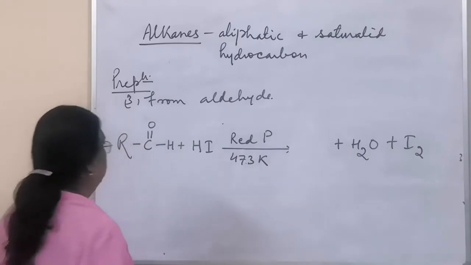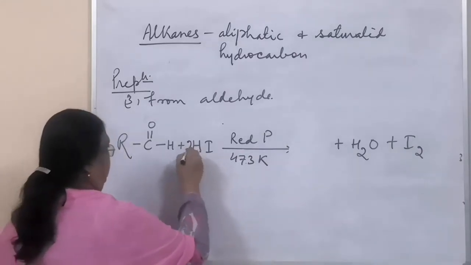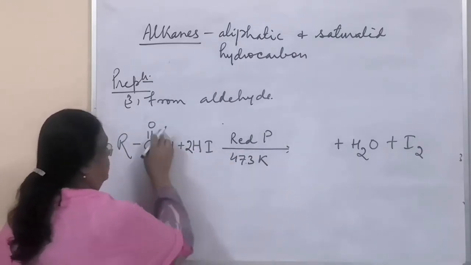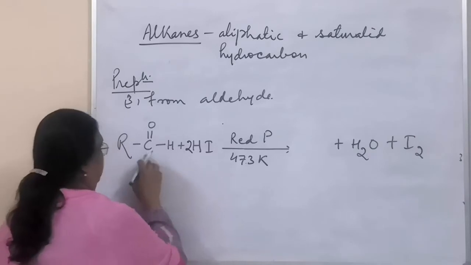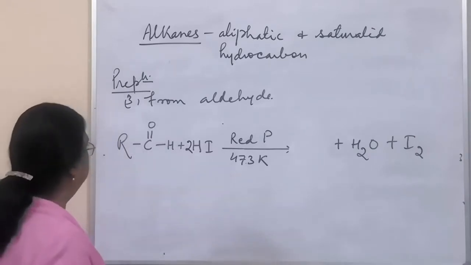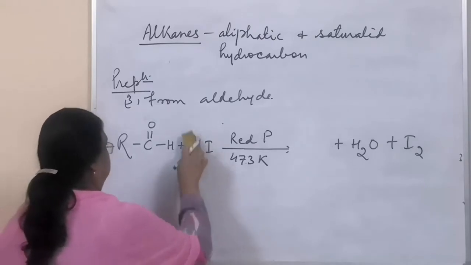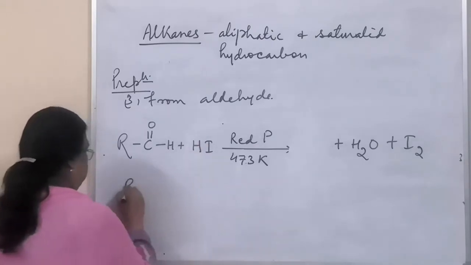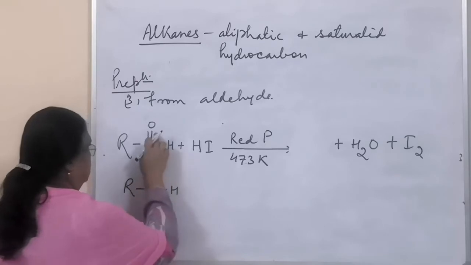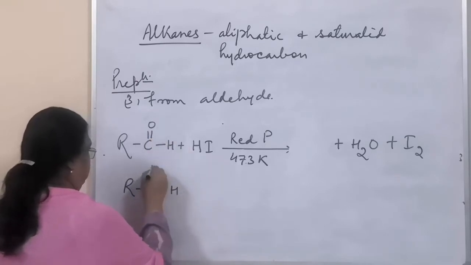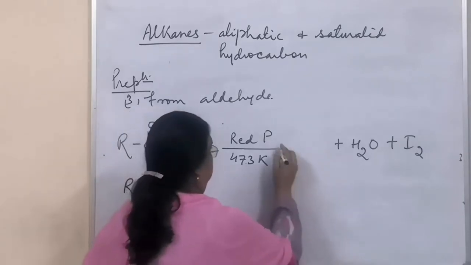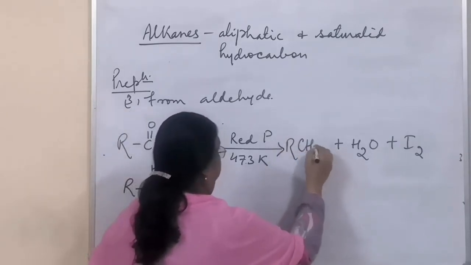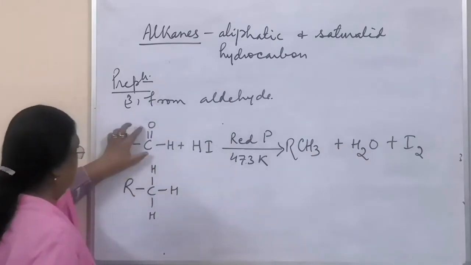Water will be there, I2 will be formed. The oxygen goes out with the water, H2O, and in its place we will have to balance further. Oxygen is gone with water, so here 2 hydrogens will be attached. So we will have the RCH3 form.